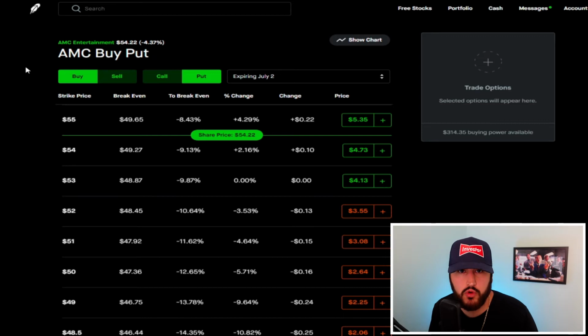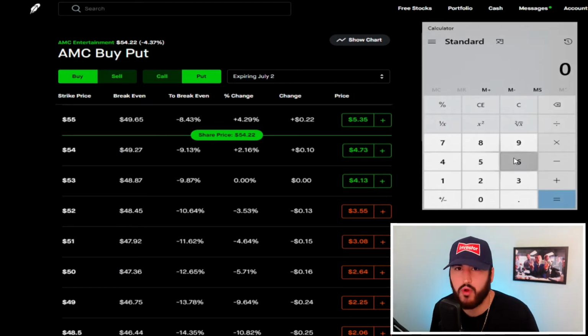How much money would we make off of this contract? Well, if we have the right to sell 100 shares of AMC at $54, and the stock is currently trading at $25, well, that's a $29 difference in stock value. So that means we are able to sell at a much higher price than it is today. And that's how you would make money.